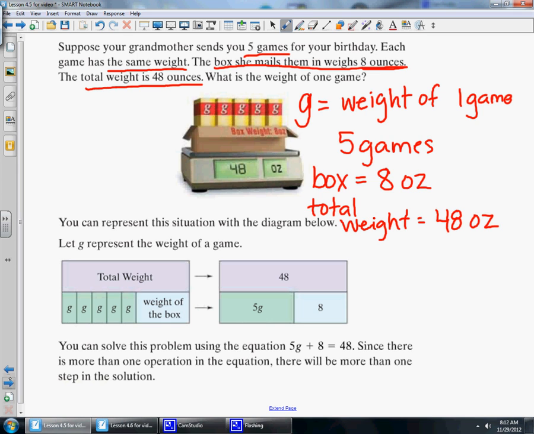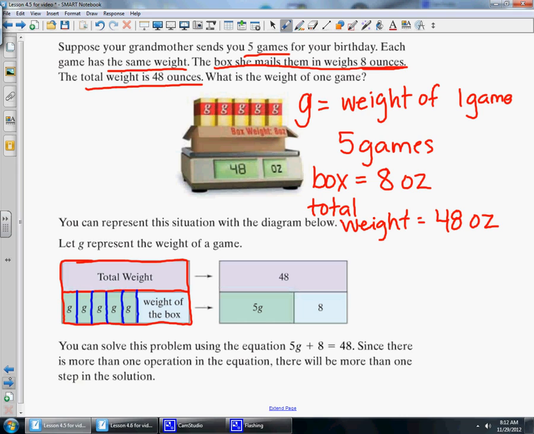What they did is they drew a picture, which I think is very helpful. This box here represents the total weight. So this top part here is the total weight. Then the bottom part, they divided up. This represents game 1, game 2, game 3, game 4, and game 5.